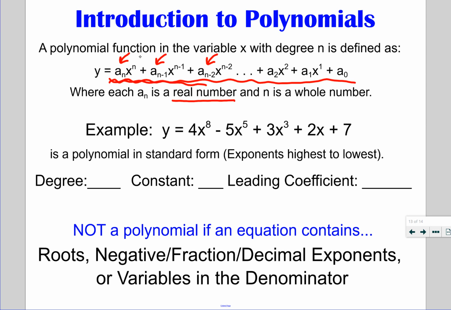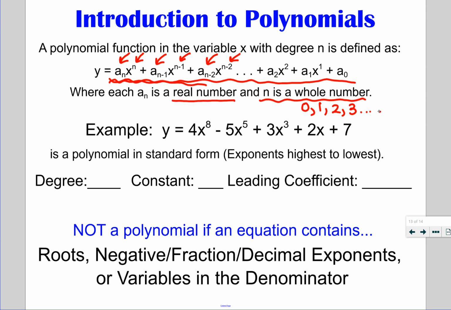We also have n's. Those are our powers. N, n minus 1, n minus 2. Notice they're in descending order. They're getting smaller and smaller as the polynomial continues. And the only condition on n is n needs to be a whole number. The set of all whole numbers are your counting numbers including 0. 0, 1, 2, 3, etc.